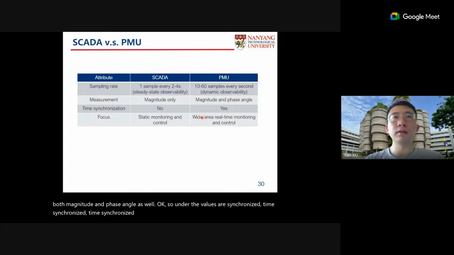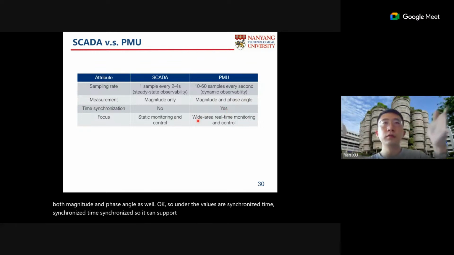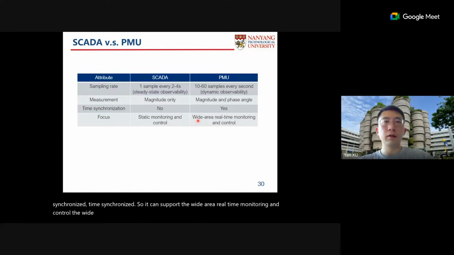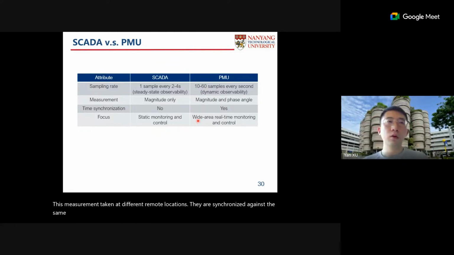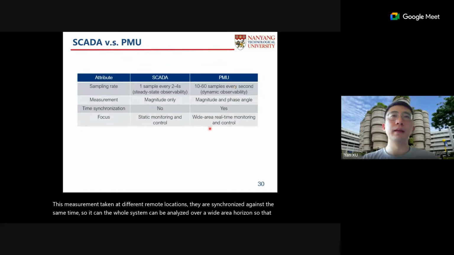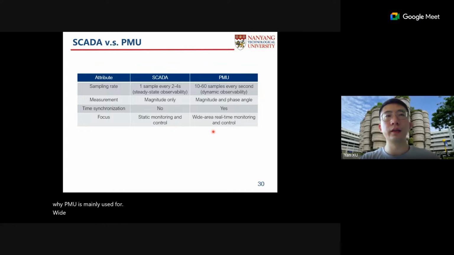So it can support wide area real-time monitoring and control. The wide area here is very important because these measurements taken at different remote locations are synchronized against the same time, so the whole system can be analyzed over a wide area horizon. That is why PMU is mainly used for wide area real-time monitoring and control.